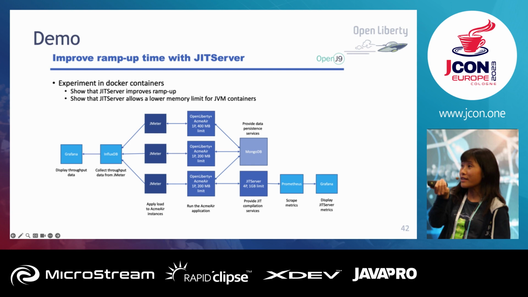These are 3 identical Acme Air applications. The only difference is this one has 400 megabytes of RAM, and these two have 200. They all connect to a MongoDB database. The only difference is this one uses the JIT server and these two do not. The JIT server connects to Prometheus for metrics, which are displayed in Grafana.